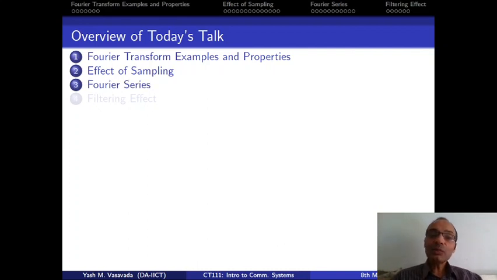Subsequent to that, the third topic is the topic of Fourier series that we'll be looking at. Now, what we'll find is that these two topics, the sampling in time domain and this Fourier series, are kind of dual to each other.